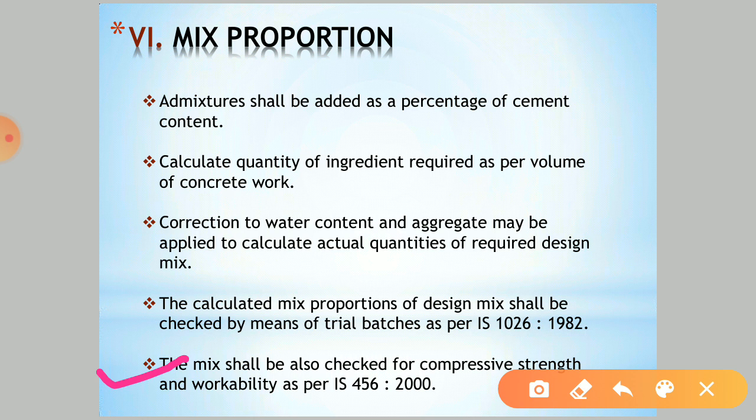Suppose after the first trial you are not getting the result, then you have to vary the proportion again, take a second trial, test it again, then a third trial, until you get your desired strength and workability. If your proportion is not okay, you have to vary things, design, check the proportion and repeat.